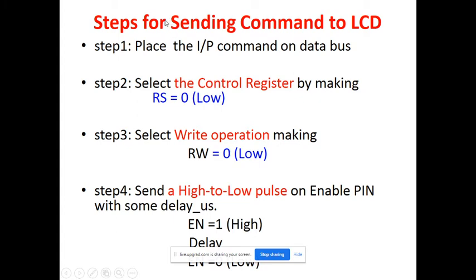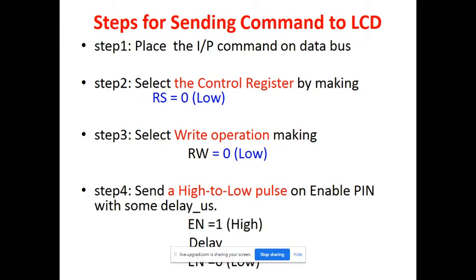Now we want to write the code. Before that, first we will discuss the command subroutine and data subroutine. First you are giving various commands to the LCD, such as clear the screen, set the cursor position, then increment the cursor every time. In this fashion you are giving various commands to the LCD. Every time you are not writing the same thing again and again.